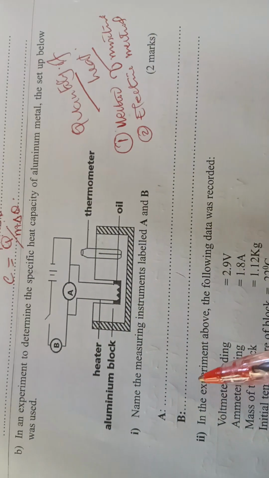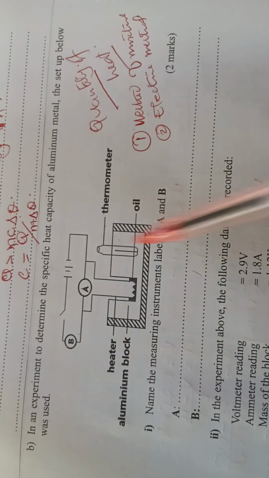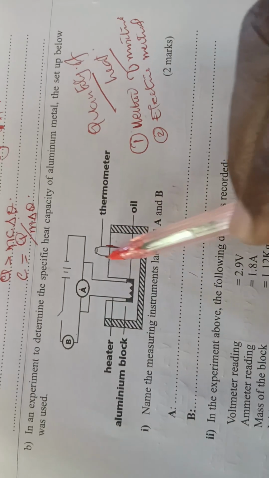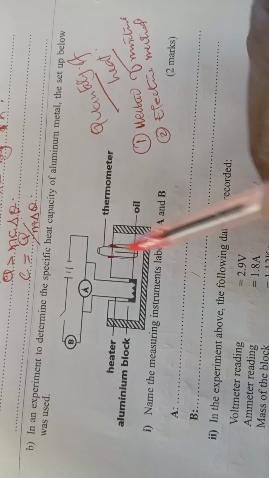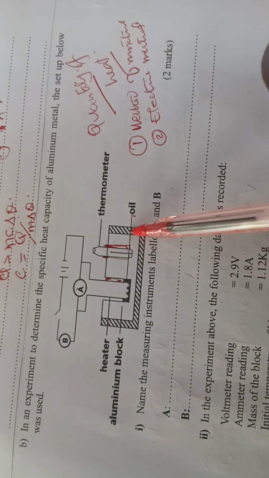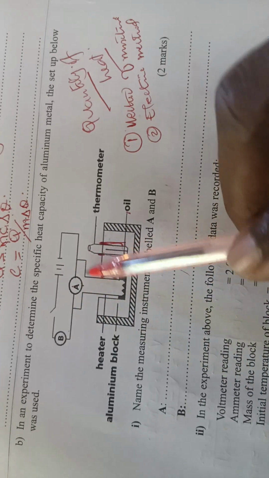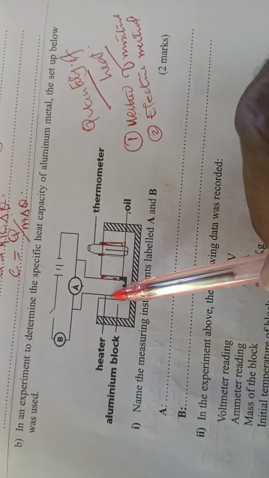Now what we have is the electrical method. Now what are these components? This particular point where we have a thermometer, these are holes. There should be oil, and again here we should have oil as it has been indicated. So A at that particular point is connected across the heater.